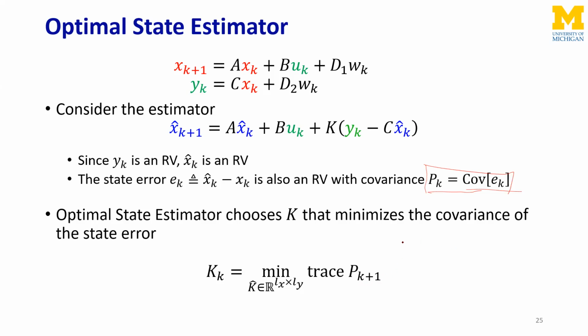What is trace? Trace is just the sum of all the diagonal values. So if you have a 2 by 2 matrix, you just add A11 and A22, and that gives you the trace.